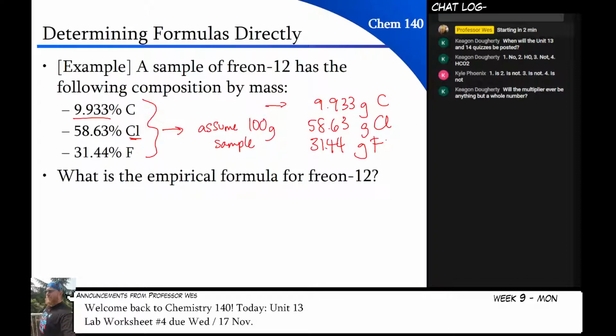So that's what we're going to do for mass percentage samples. If I give you the masses as a percent composition, assume you have 100 grams, and then just write out the masses without the percent sign. And now we can turn it into moles. That's trivial to do.